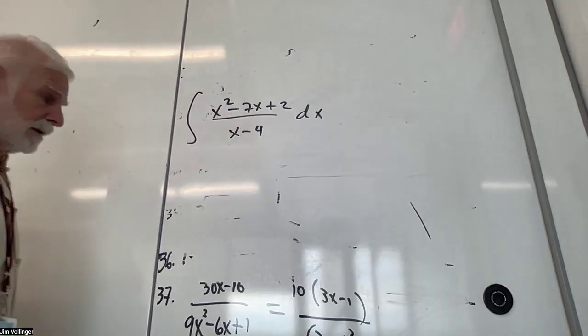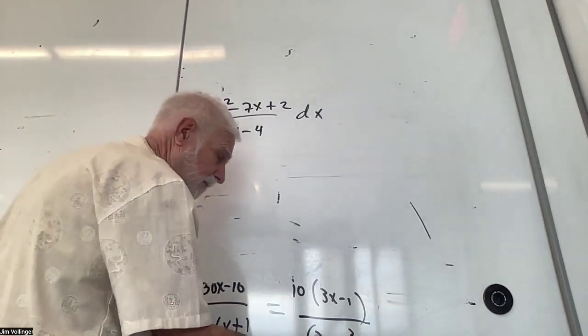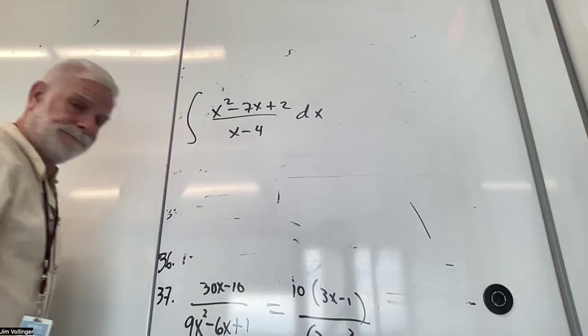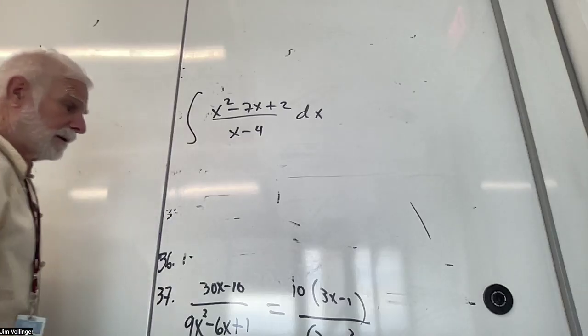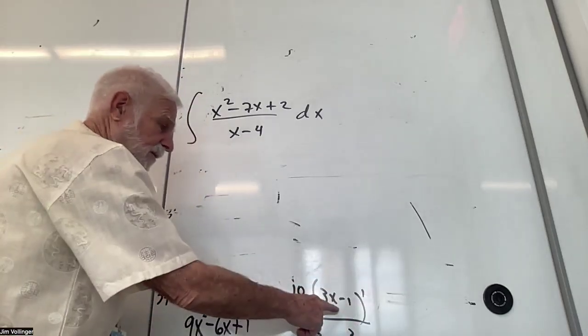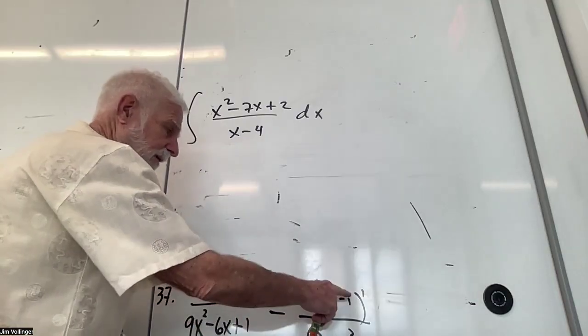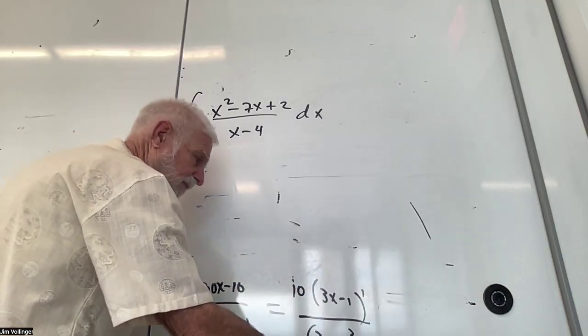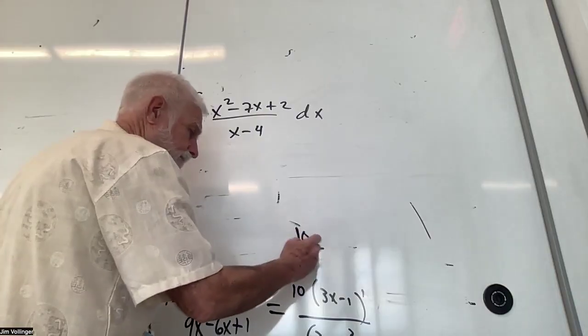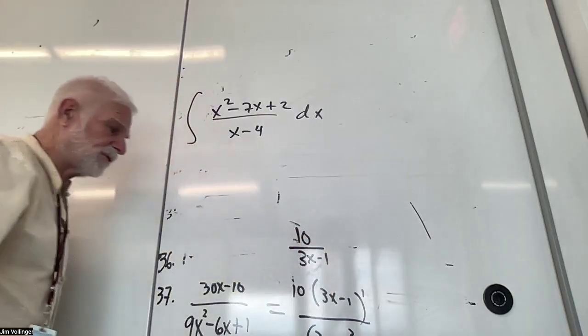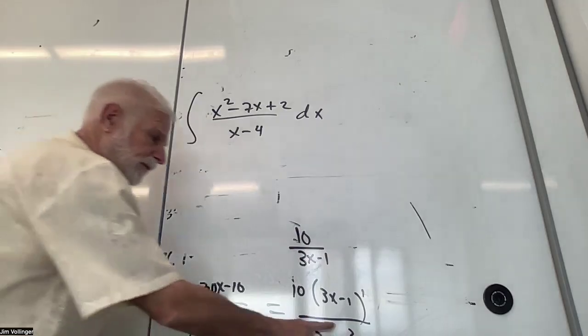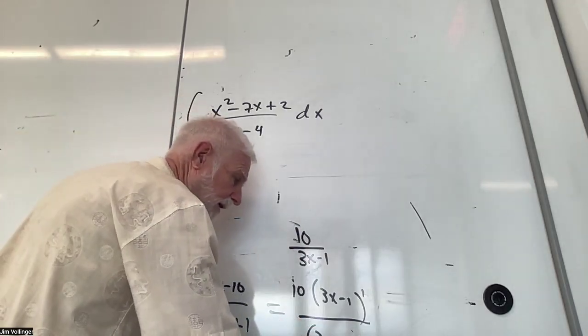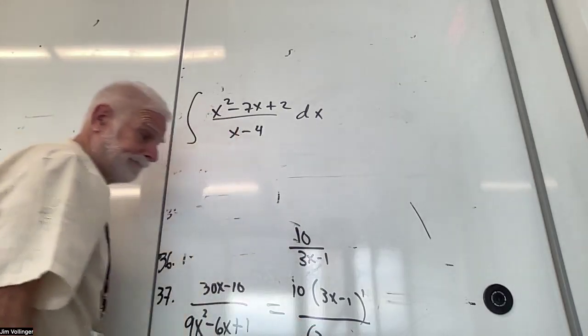Hope so. Of course, it'd be nice if you wrote it properly. There. Oh, boy, I got one of these up here, 2 of them down here. I think I can cancel one of them. That's what you're trying to see. Remember, this is 3x minus 1.